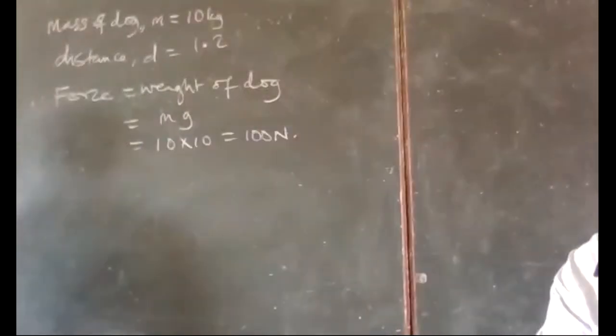That has been done. We are going to find the moment of the force, which is F times the distance. The force, which is 100 newtons, times the distance, which is 1.2.